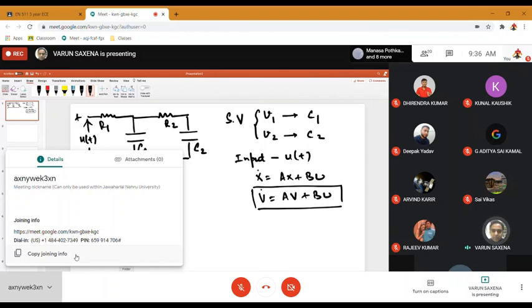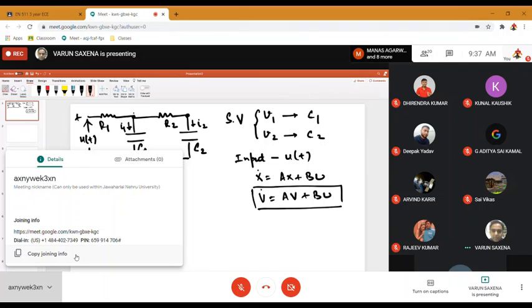So what we can do is assume that there is a current here which is I1, and there is a current here which is I2, and you can basically apply the nodal law from network analysis that you people must have studied. So there is one node here, and there is one node here.